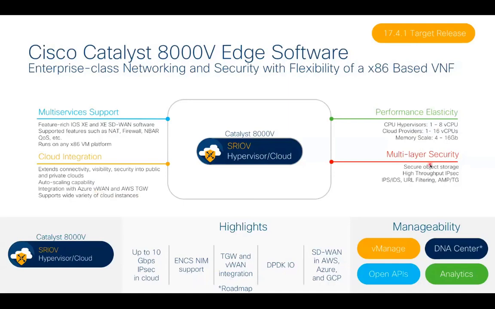And with multi-layer security, it enables SASE-driven virtual enablement via secure object group, high-throughput IPsec, and a full stack of embedded security services. From the manageability perspective, for the SD-WAN use case, it's managed by vManage, and for the traditional use case, DNA Center support is part of the roadmap.